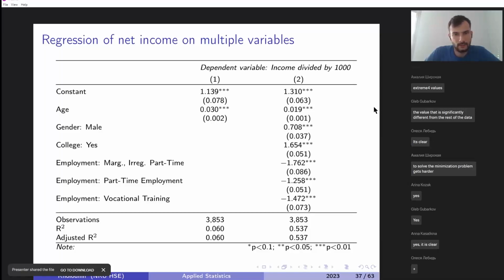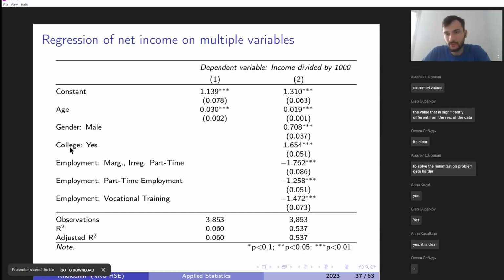Konstantin said that you know a little bit, so the dependent variable is written: it's income divided by 1000, so this is probably in euro. Then you have constant, age, gender, and then some other parameters, such as college.